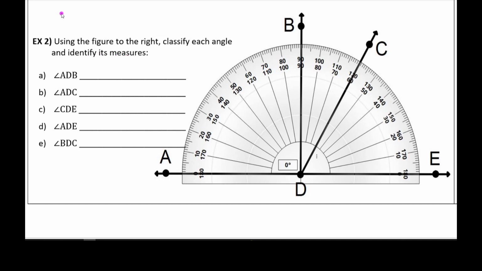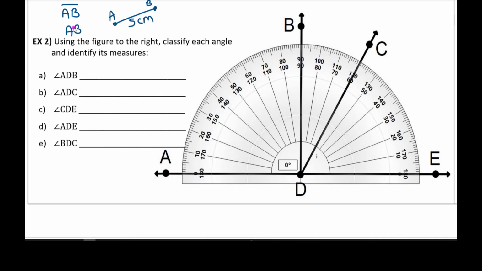Now, let me remind you of something. When we did segments, this symbol right here, AB with a little segment on top, was referring to the drawing of the segment. When I leave out the segment symbol, then that is representing the measure of the segment. So let's say I have a segment AB, and let's say this segment is 5 centimeters.